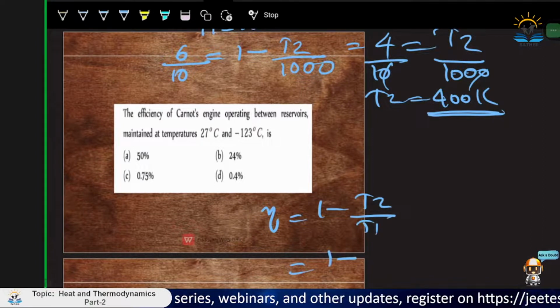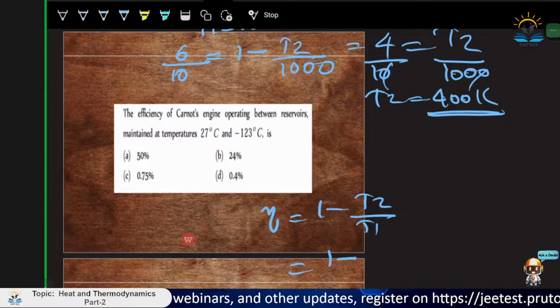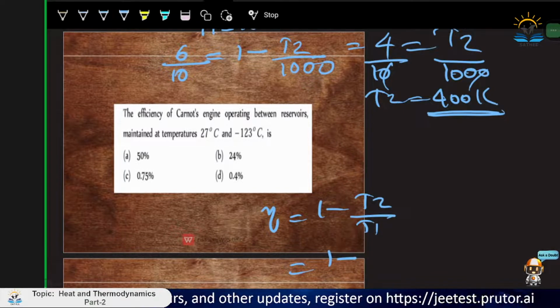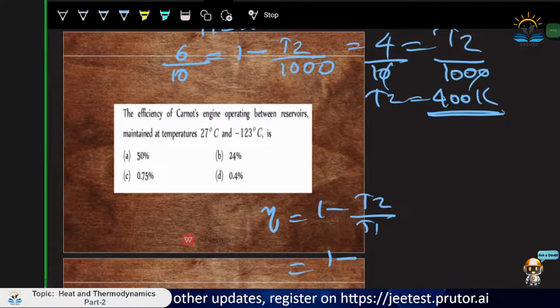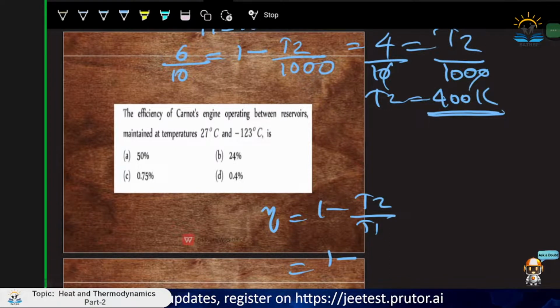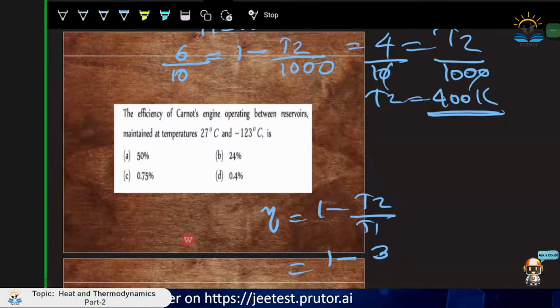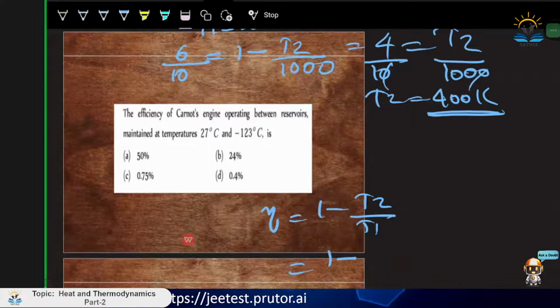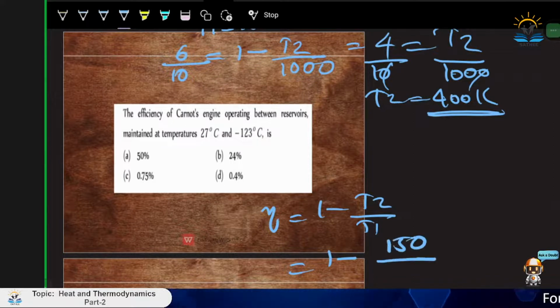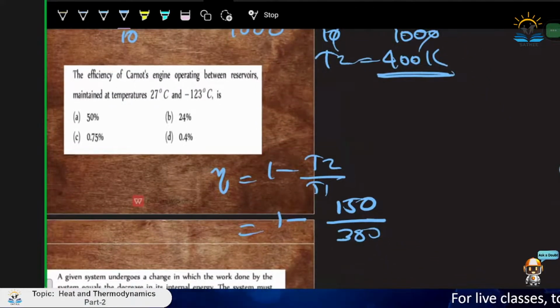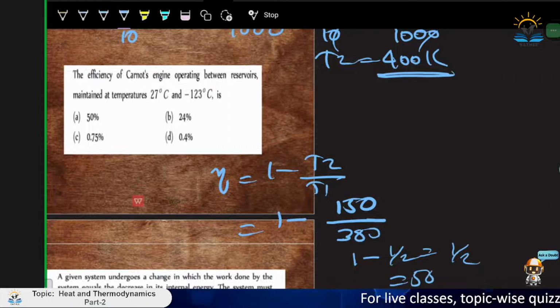T2 is 273 minus 123, 150. Divided by T1, 273 plus 27, 300. Temperature should always be in Kelvin. 1 minus 1 by 2, that is 1 by 2. 50%.